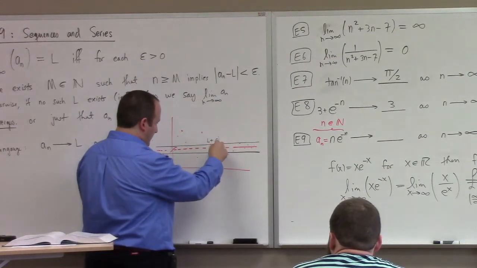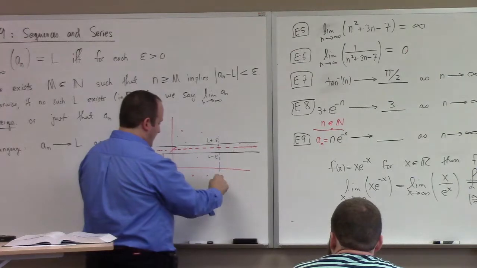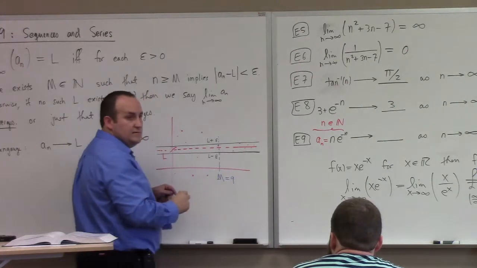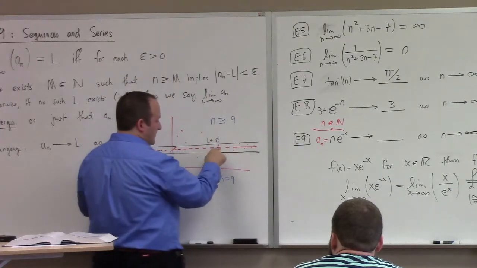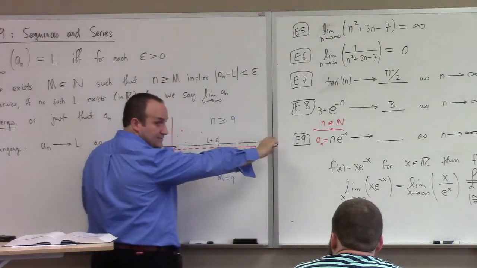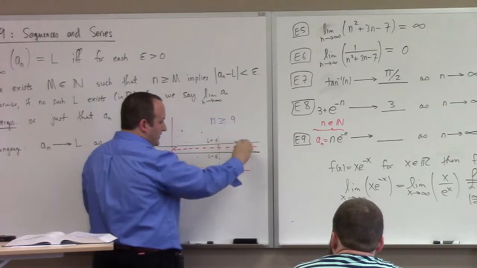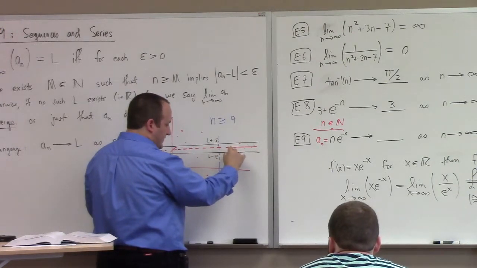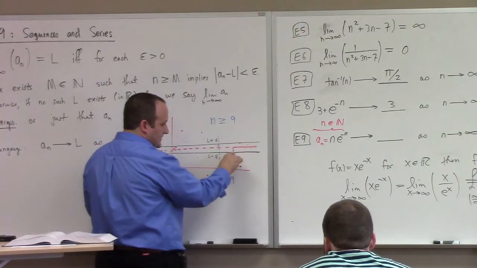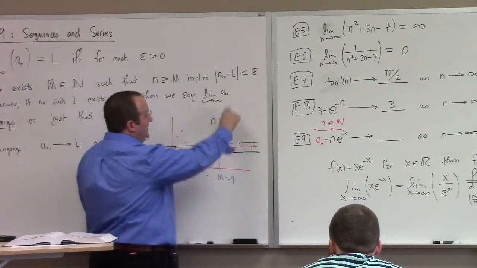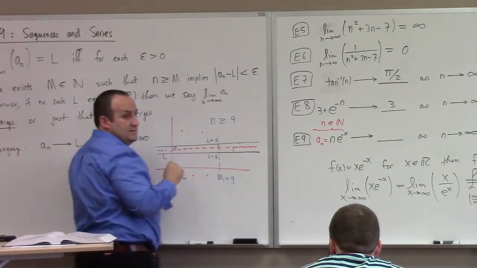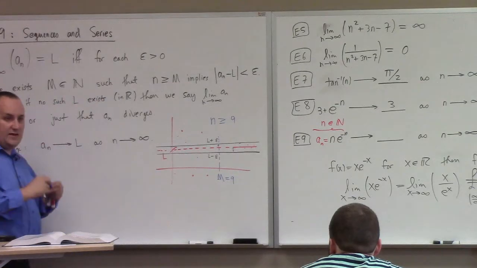Apparently, if I put my m equal to 9, if I have n greater than or equal to 9, that puts me out here. And out there, this right here is the distance between the sequence and the limiting value. I want that distance to be less than epsilon. So this is what it means for the sequence to converge.